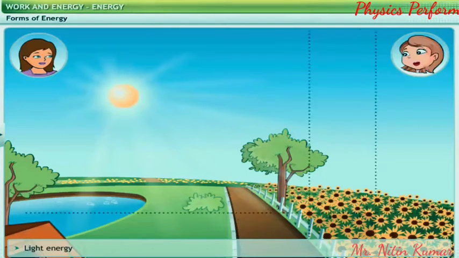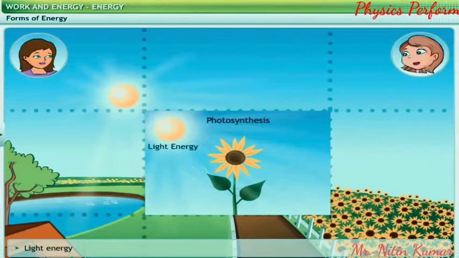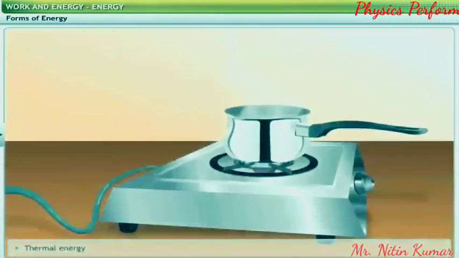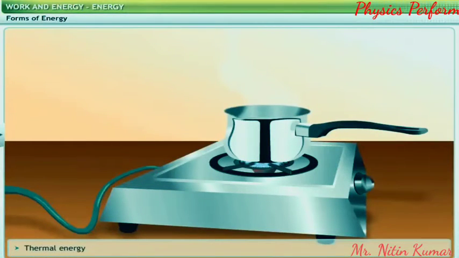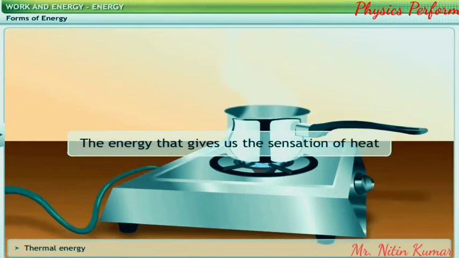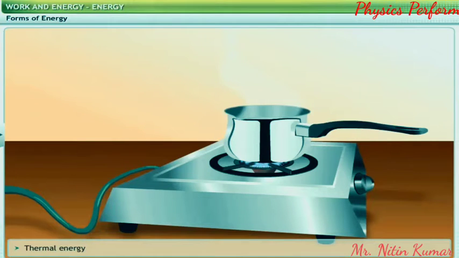For a more direct example, think of photosynthesis, a process where light energy is used by the plants to make food. Thermal energy or heat energy is the energy that gives us the sensation of heat. For instance, heat energy produced from the flames in a gas stove helps cook food.